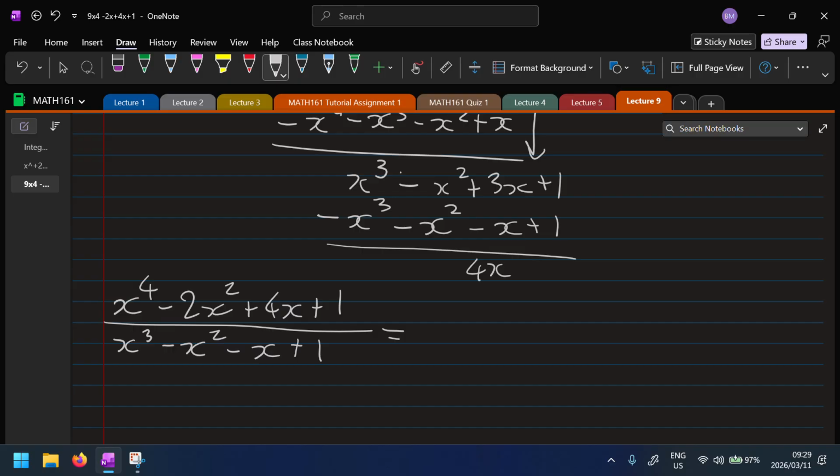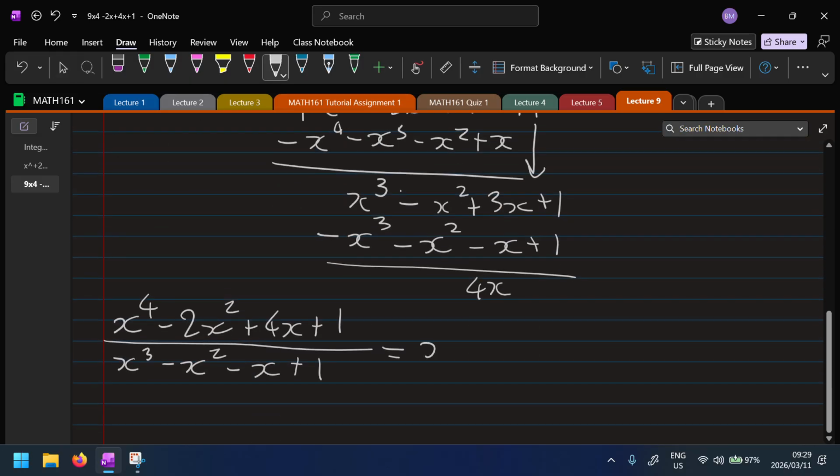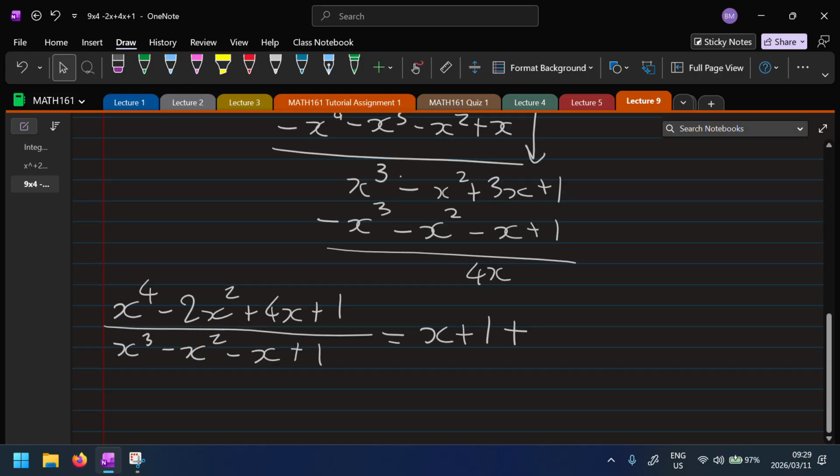So we did the whole long division, and what did we get? We got x plus 1 and the remainder was 4x. So the remainder of 4x, what does it mean for the fraction? It means plus 4x over whatever we were dividing by.